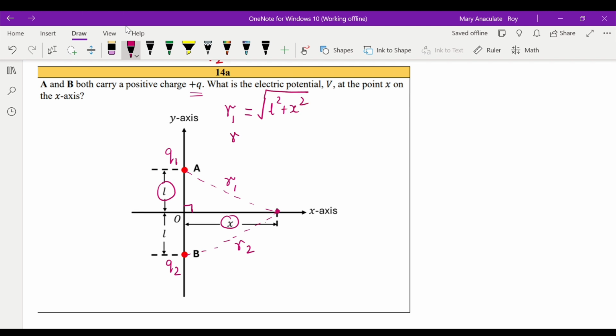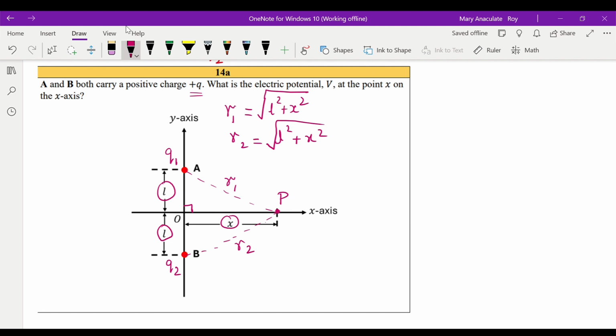Similarly, R2 will be the same because you have the sides to be X and this side is L as well. So basically the distances of these two charges are the same from this point, say P, on the x-axis.